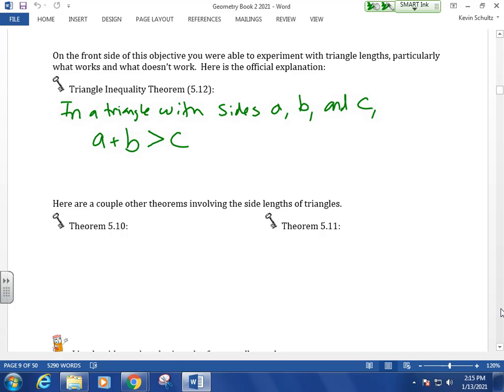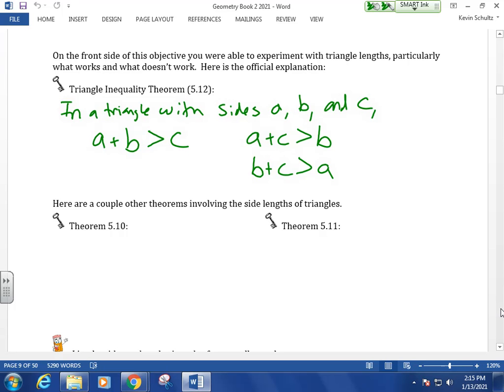In a triangle with sides A, B, and C, A plus B must be greater than C. Of course, it must be true the other way also. If you add sides A and C together, it's got to be greater than B. If you add sides B and C together, they have to be greater than A.